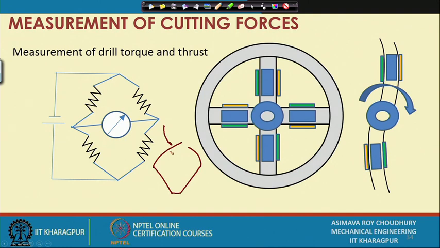Okay. What do you mean by this? Suppose this cutting lip is experiencing this force and it is experiencing that force. So, in that case, this will also be experiencing this force and an opposite and hopefully equal force in this direction. So, this will be cancelled out, but this remains and this is called thrust.